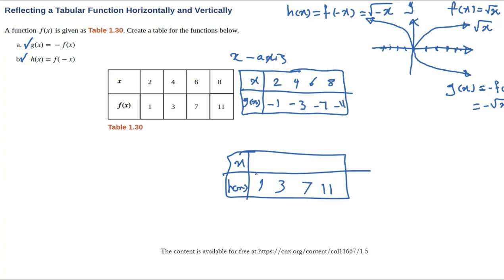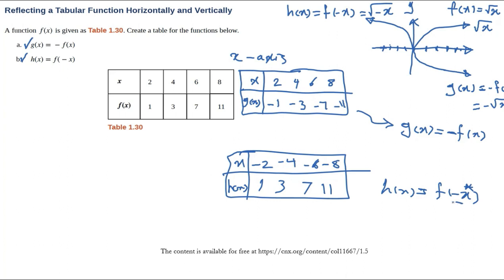So here 2, 4, 6, 8 became negative 2, negative 4, negative 6, negative 8. So in g of x equal to negative f of x, x doesn't change, the outputs change sign. And in h of x equal to f of negative x, the x variables change sign.